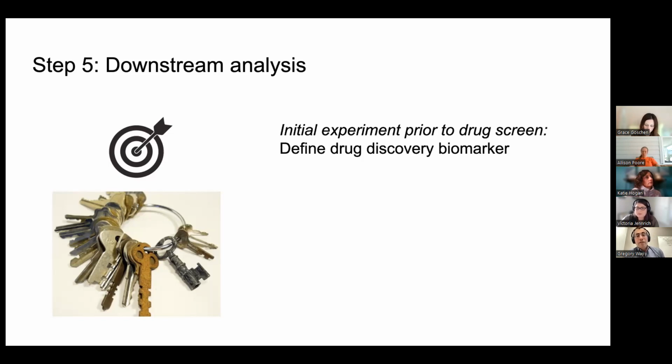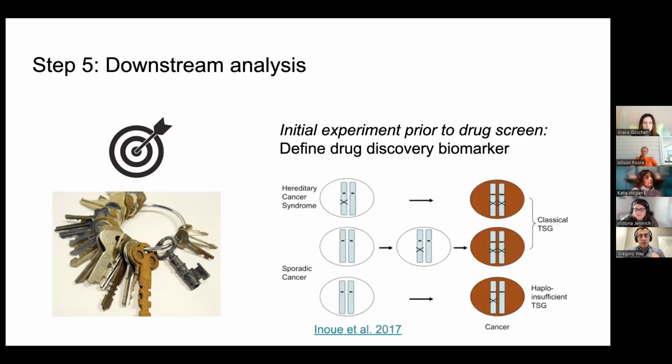So what we encourage folks to do is to define some drug discovery biomarker that's phenotypic, not genetic. The example that we give, and this is something that we're actively pursuing now, is NF1. NF1 is a haploinsufficient disease. What that means is that one of the copies that you have inherited from your parents doesn't make fully functional neurofibromin, or doesn't make fully functional protein.